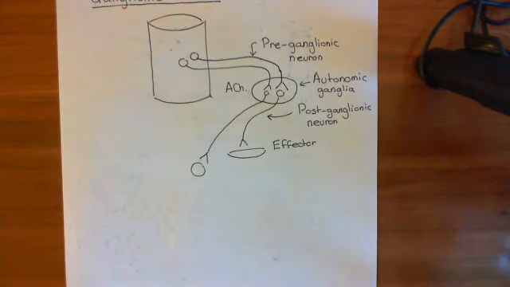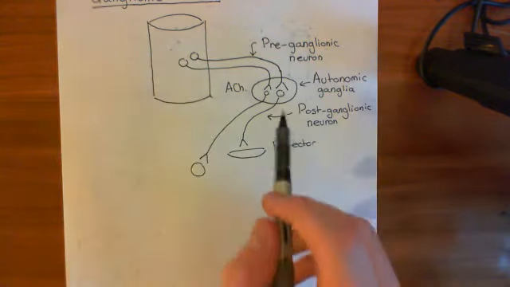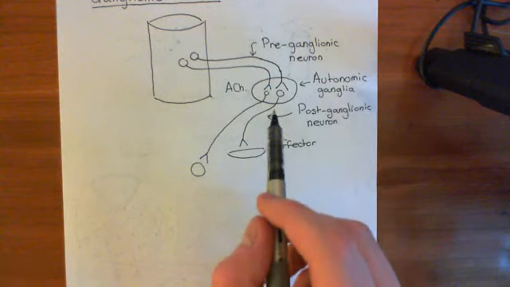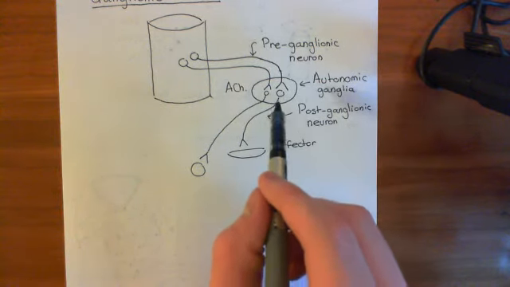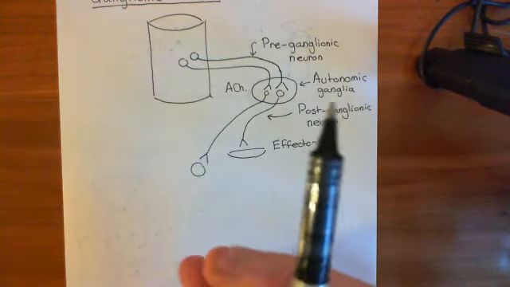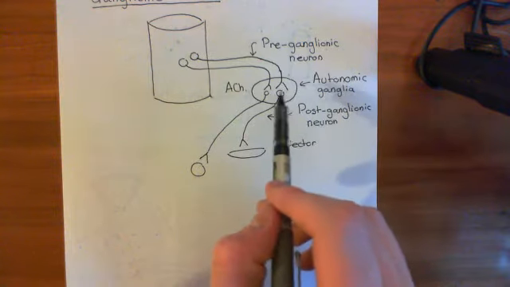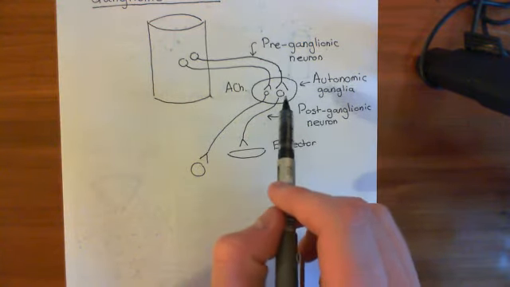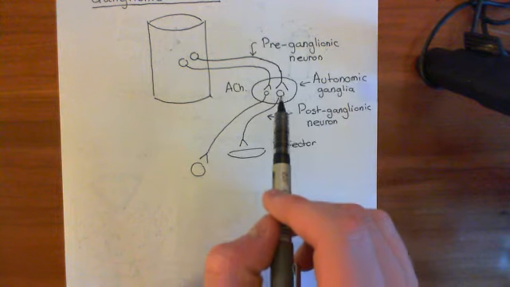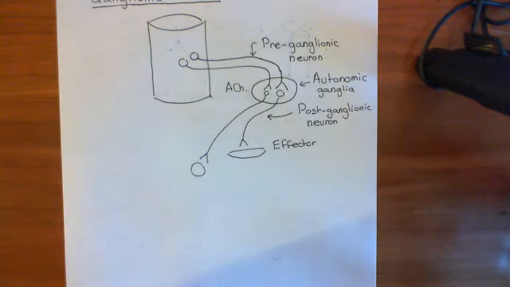And this form of the nicotinic acetylcholine receptor is different. It has a different subunit composition to the neuromuscular junction nicotinic acetylcholine receptors that we've seen. If you search hard enough, you'll be able to find articles about other forms of the nicotinic acetylcholine receptor in the autonomic ganglia.